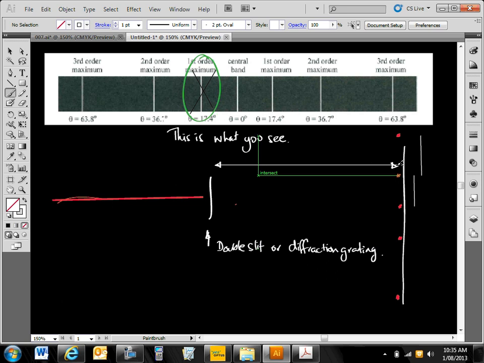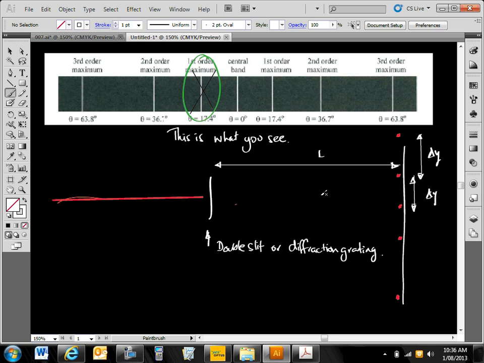This distance, of course, we would call L. This distance here, we would call delta Y, each of these. We can very accurately measure L, and we can also very accurately measure the distance between the reinforcement lines.